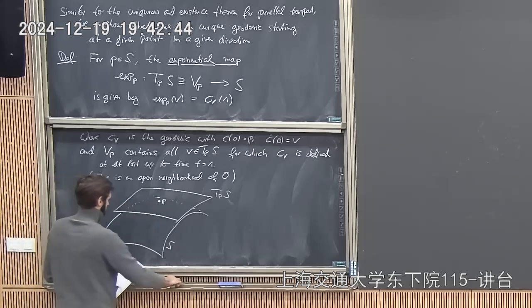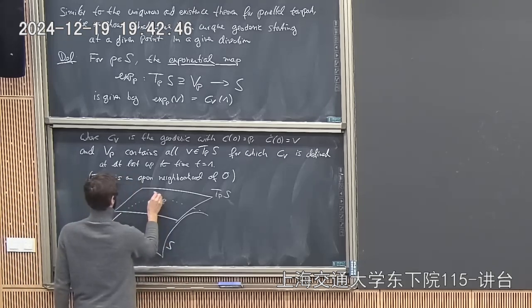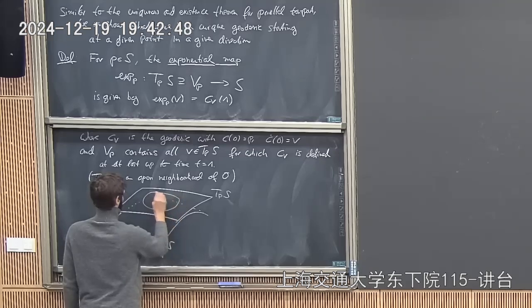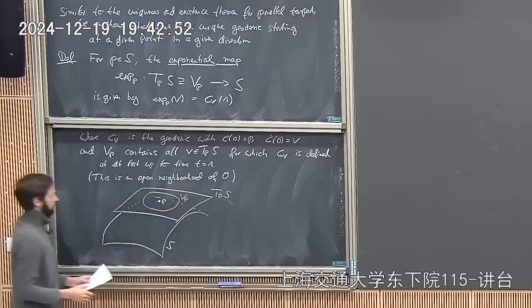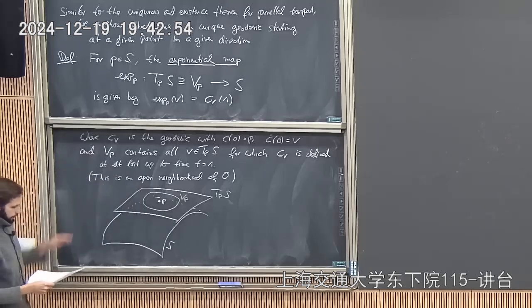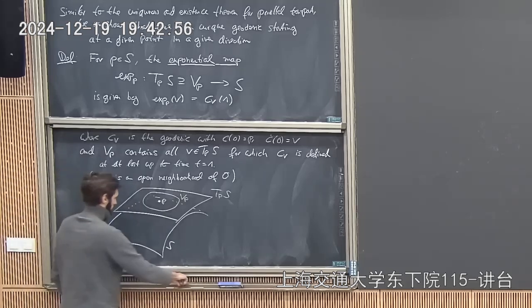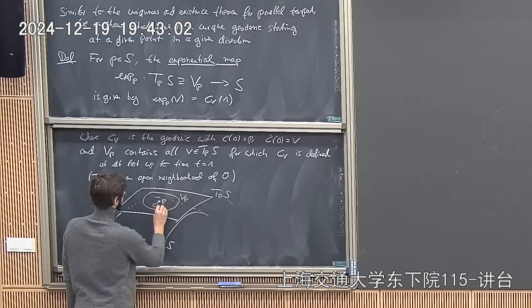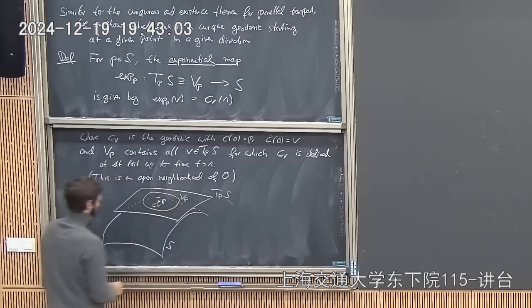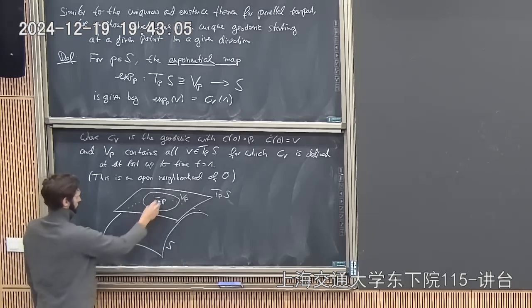Then in that plane, we have this subset V of P that gives us vectors. So we have here, let's say, our V. And then we project it down to the surface.